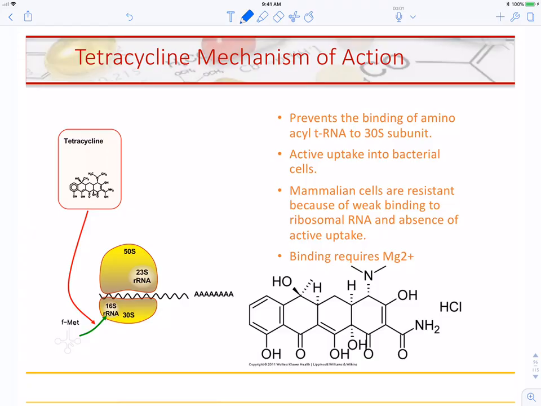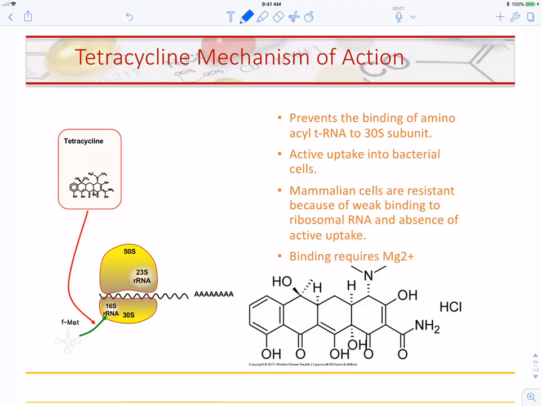Now, binding to the site of action requires the presence of magnesium, and because this class of antibiotics binds very strongly to divalent cations, they can bind to calcium and interfere with the formation of bones and of dental enamel.